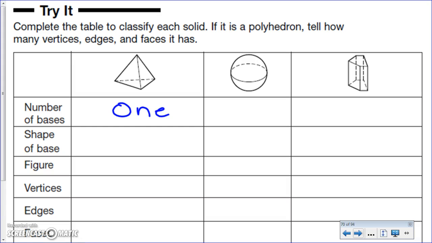The shape of the base, in this case, is a triangle because it's sitting on the triangle there. Which makes it a triangular pyramid because it only has 1 base, so it has to be a pyramid, and we name pyramids through their bases. So, triangular pyramid.